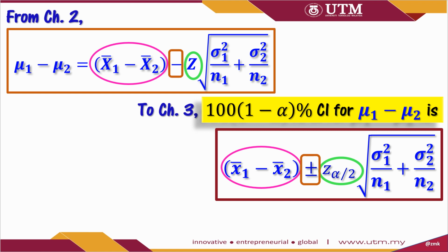The standard deviation of x bar 1 minus x bar 2 remains the same. That is, the square root of sigma 1 squared over n1 plus sigma 2 squared over n2 does not change.